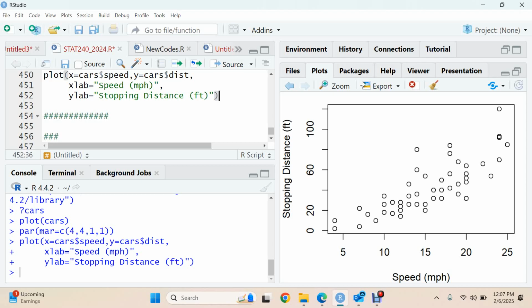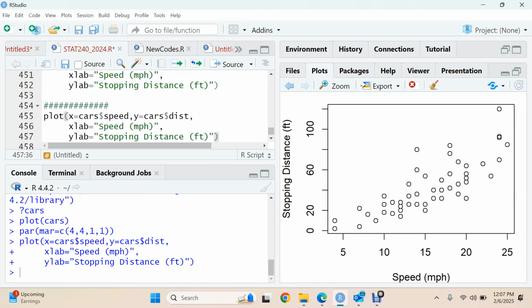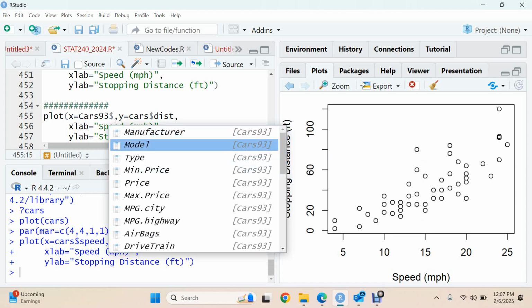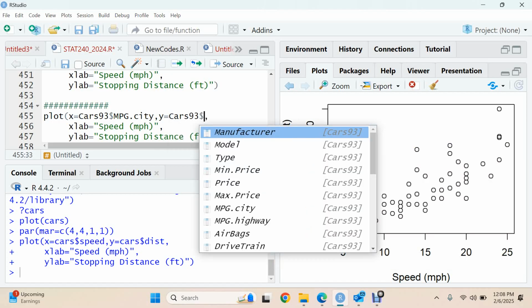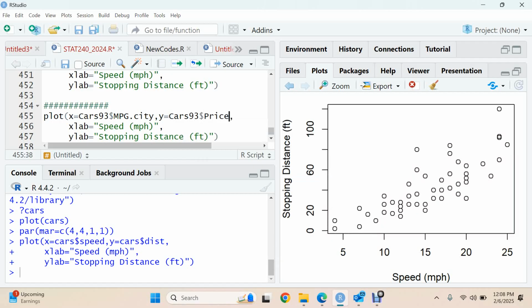All right? The other one that you did, maybe let me just reproduce it quickly so that we can use it as well. So that is CAS 93. So I start like this. I said it's MPG City. This one will be CAS 93. And price.